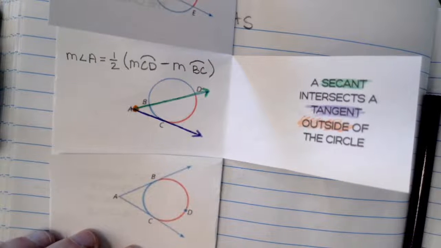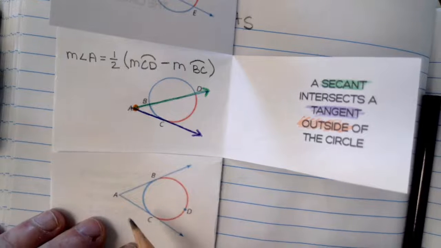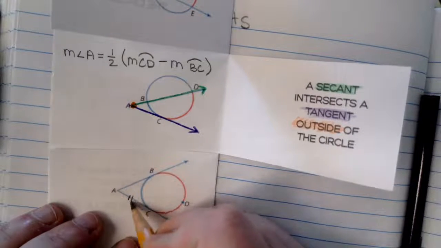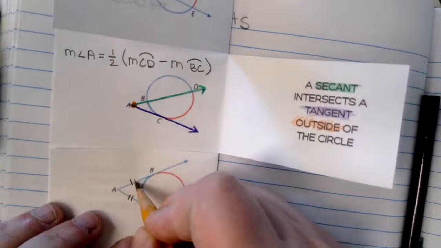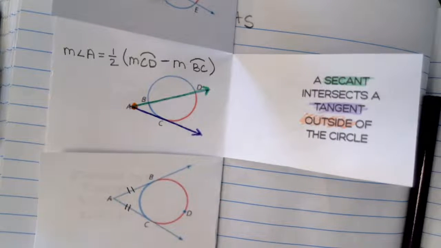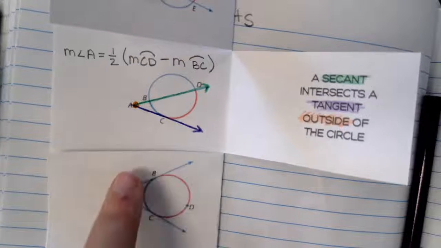If you want to mark that just for funsies, you can. It doesn't really have to do with today's lesson, but if this looks familiar to you, we did this yesterday. Yep, we did. We said that these were congruent yesterday. Today we're worried about angle measures, though. Okay, so here we have 2 tangents. So I'm going to use purple for my tangents. So they both touch the circle exactly 1 time.